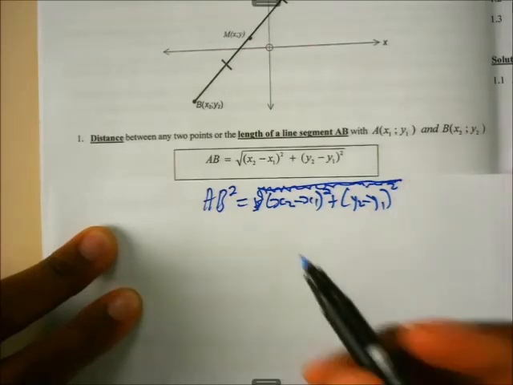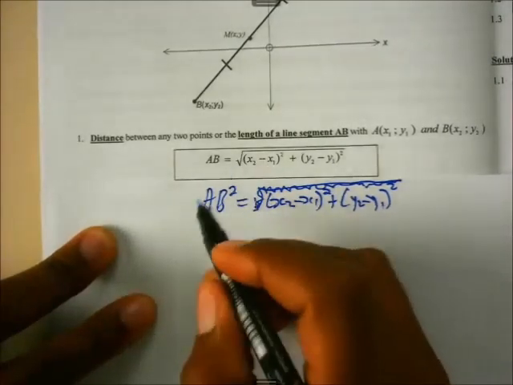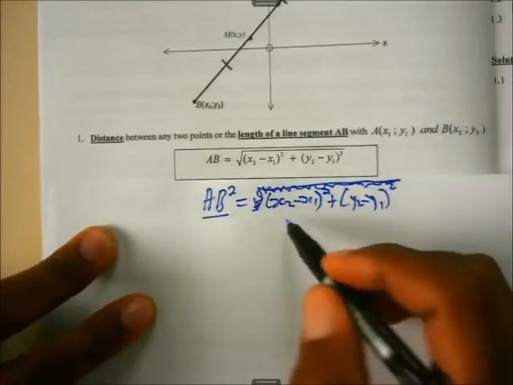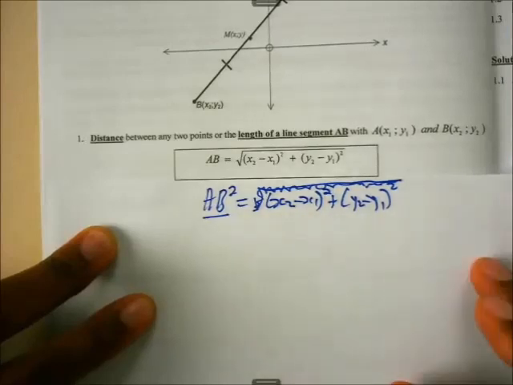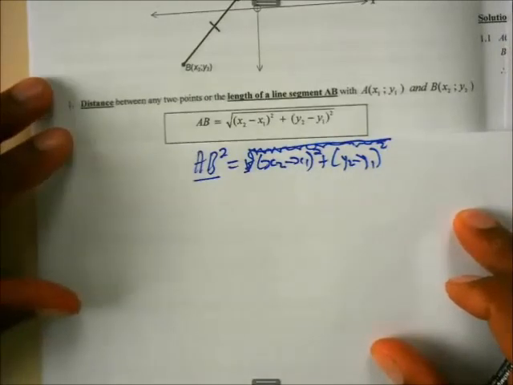That is why I'll encourage some of you to go this way, where you have AB squared, you substitute the length of AB, and then you substitute x2 minus x1, then y2 minus y1. That is for the length between the 2 points A and B.